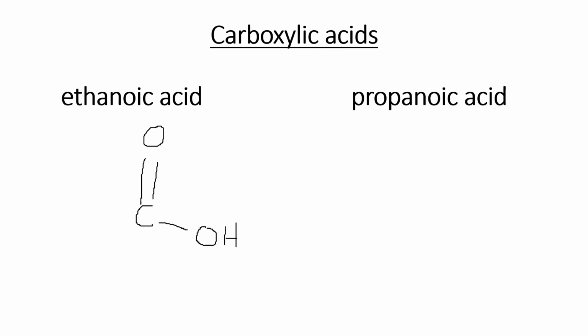So C double bond O, and then a single bond to OH. And that's the oic acid bit of the name. And then the other half is ethan, which means 2 carbons. So it's 2 carbons here with the carboxylic acid group on it.